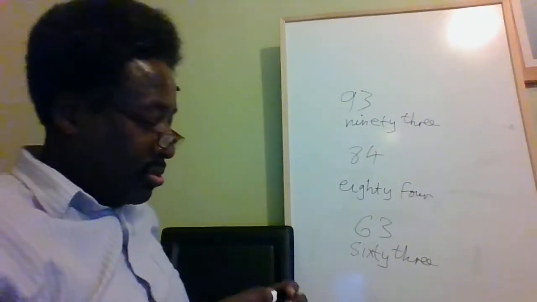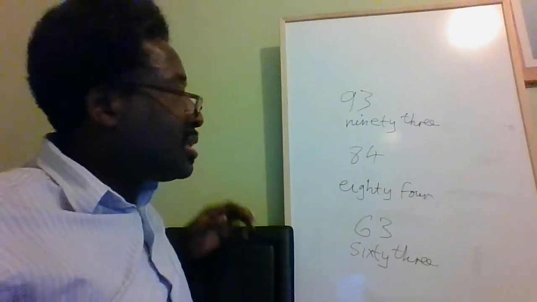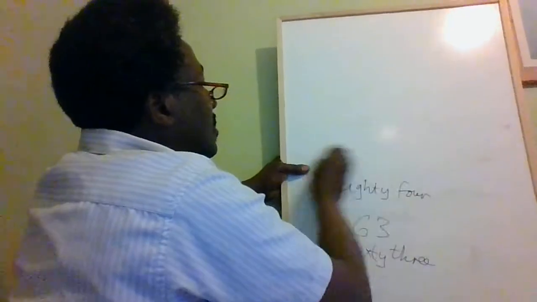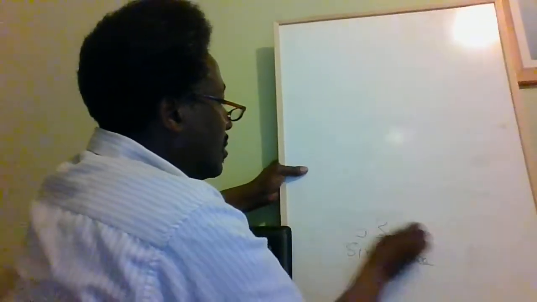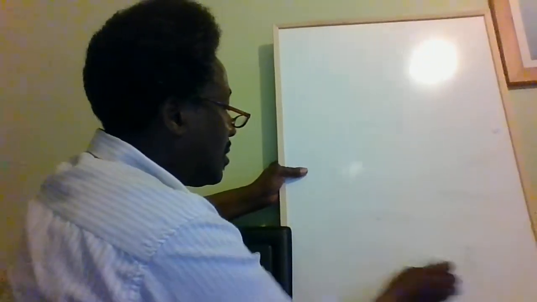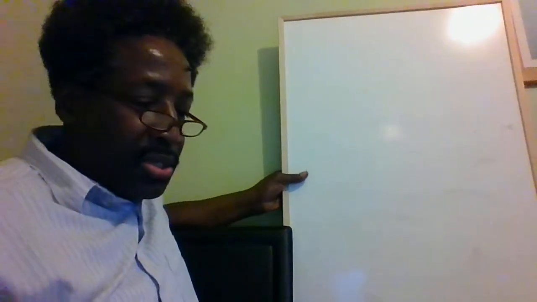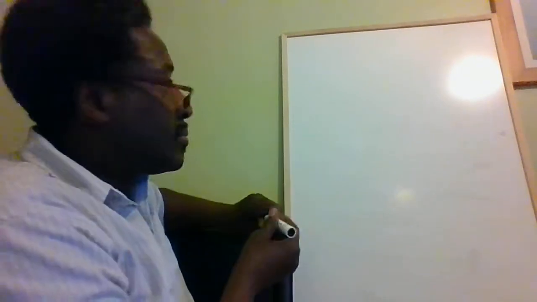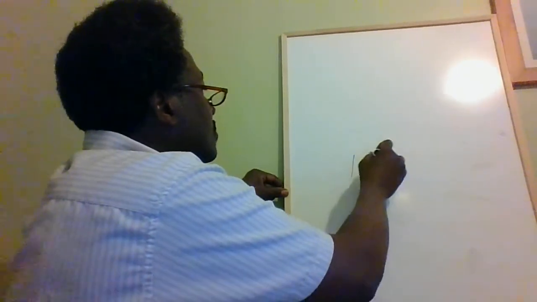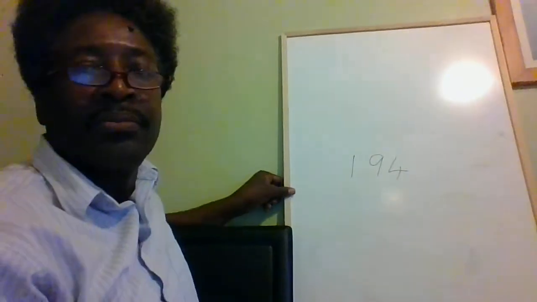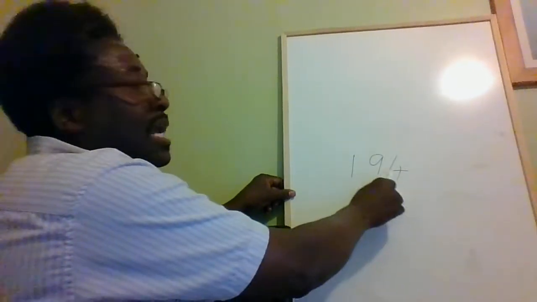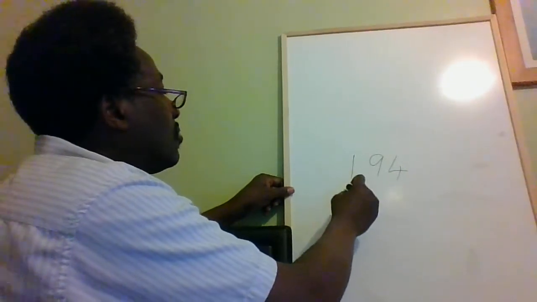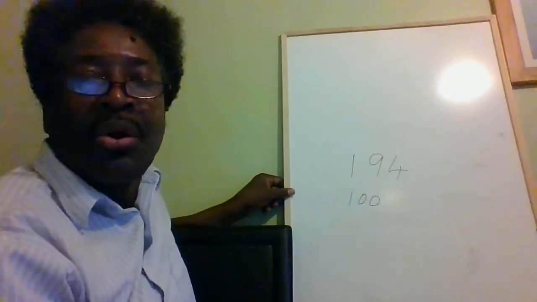Let's do some more 3 digit numbers in words. If this digit of 9 and this digit of 4 become 0, we have 100.